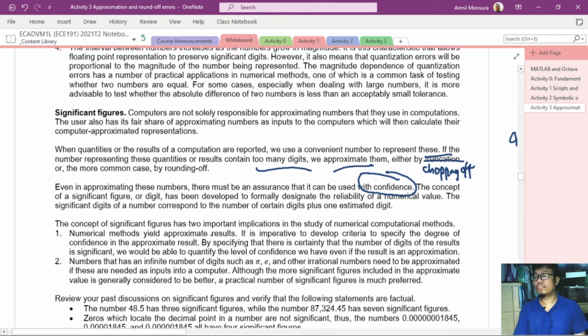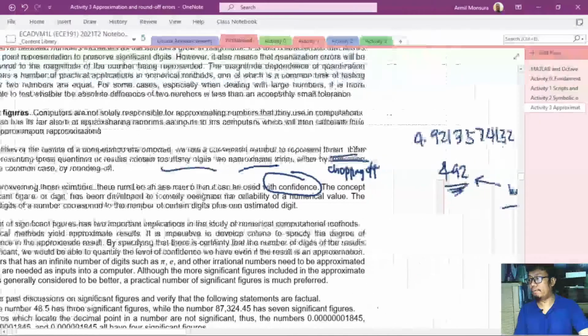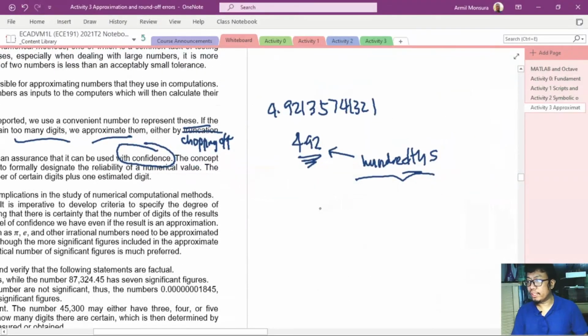Okay. So, parang for example, when you say 4.92, yun nga, has three significant figures. Okay. It is certain that the measure is more or less around 4.9.